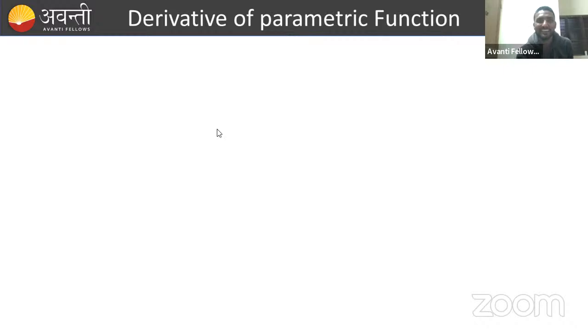Okay. Yeah. So derivative of parametric function. So what is parametric function? Till now we were discussing that y is equals to f of x, so we can find dy by dx. But now you will see some functions where y and x are not dependent on each other, but y is dependent on some other variable, some other function, and at the same time x is also dependent on that.